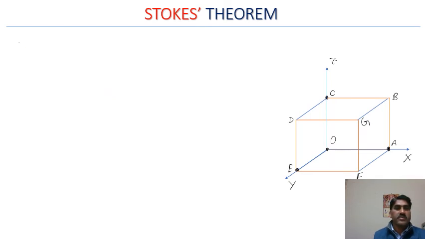On the surface OABC, this is the y is equal to 0 surface, the unit normal is minus j. This is the back surface, and EFGD is the front surface. Along the front surface the unit normal is j, and in the back direction the unit normal is minus j.